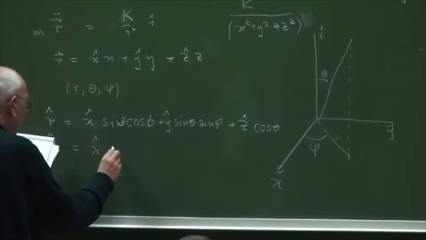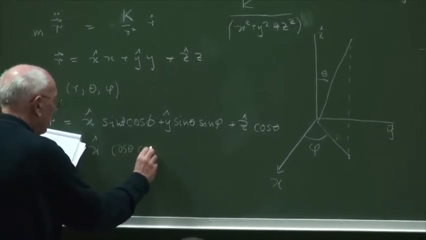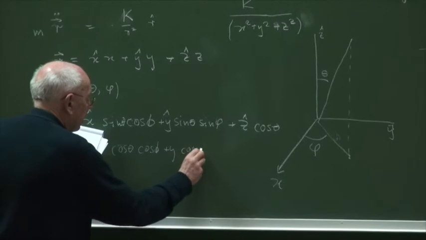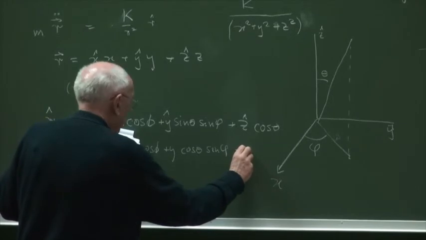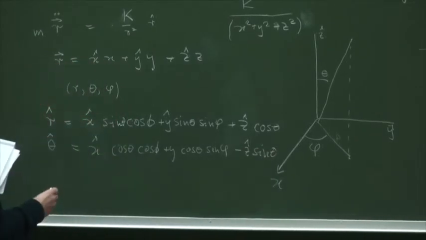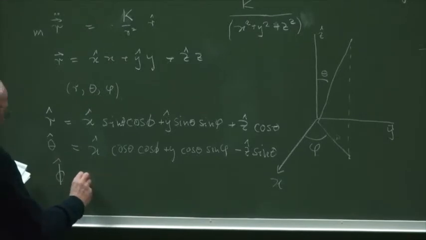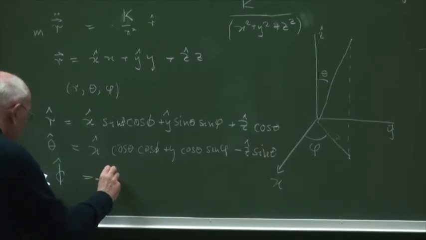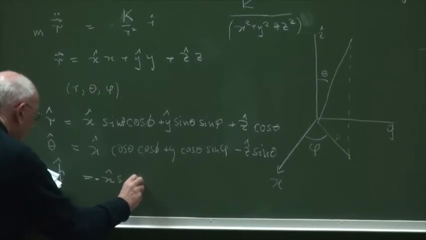So now this thing becomes a cos here, cos theta, and cos phi, and plus y, and this is again a cos here, theta and sine phi, and then this is a minus z sine theta, and the last one is minus x sine phi.